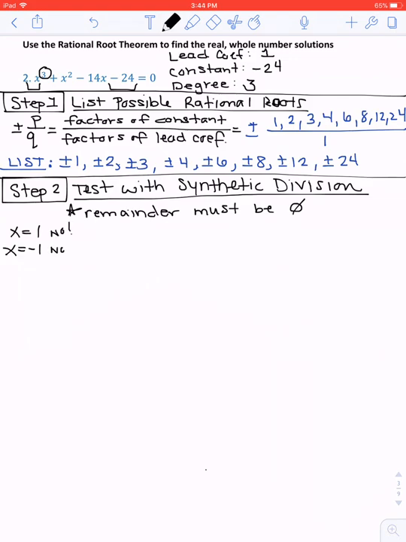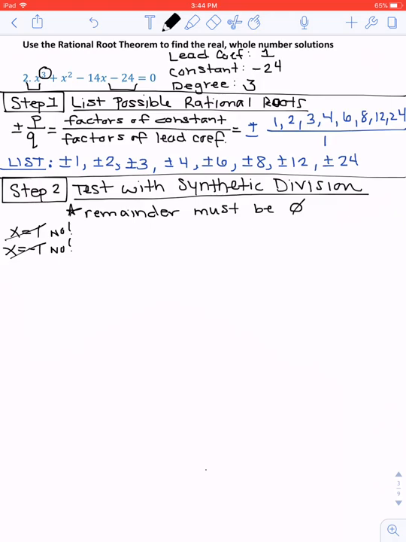Unfortunately, they're both a no. So you should have ended up with a remainder on both of those. Okay, so what do we do? If the first number doesn't work, does that mean the second number won't? No, it actually means you need to test the next number.